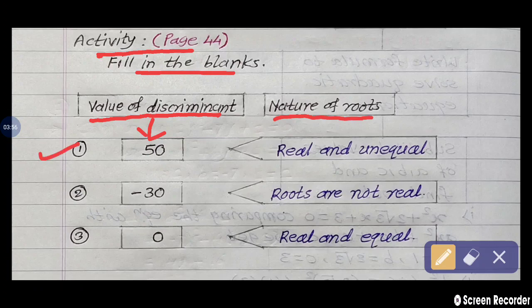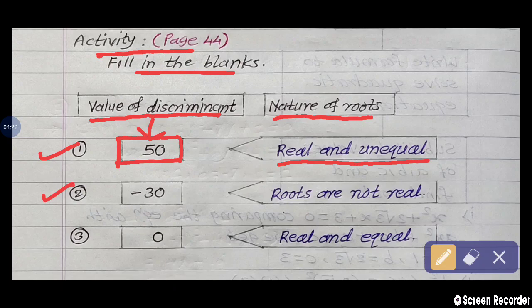The value of discriminant is 50. This 50 is a positive value, so the value of discriminant is greater than 0. So greater than 0 means the nature of the roots is real and unequal.